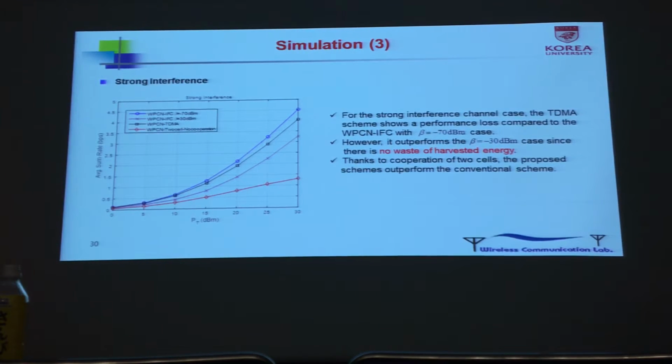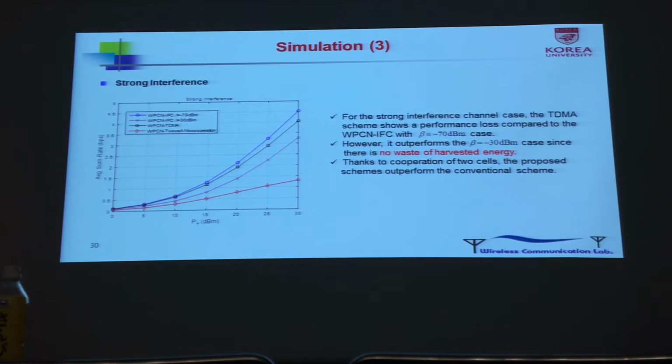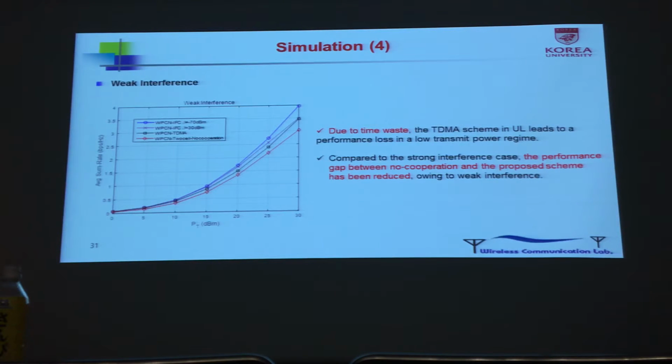So it is a good example of how applying communication theory is quite important in optimizing the wireless power transfer system. So cooperation between cells is quite important. A similar conclusion can be made in the other case, but in this case, actually, there is no interference.